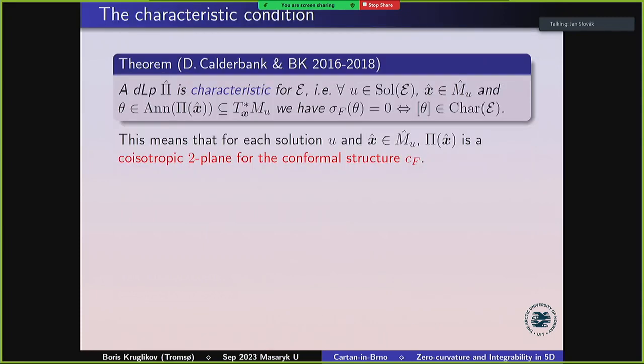And here's a theorem which we proved with David Calderbank. That a dispersionless Lax pair must be characteristic, which means that for every solution and every point and so forth, if you take this pi of x, this two-plane which depends on lambda, and take any annihilator of it, that two-plane generates a span of two vectors.